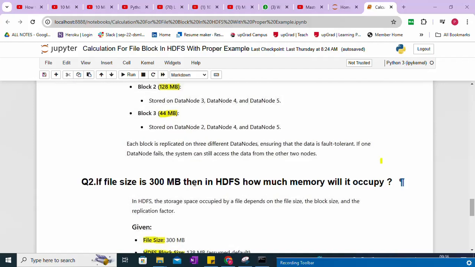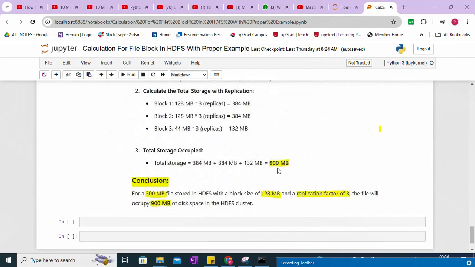The answer is it will occupy 3 times, 900 MB. For a 300 MB file stored in HDFS with a block size of 128 MB and a replication factor of 3, the file will occupy 900 MB of disk space in the HDFS cluster.